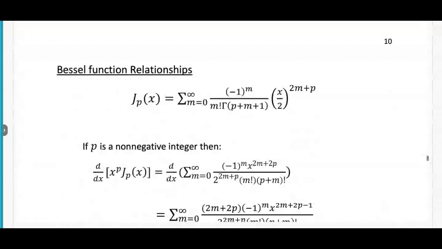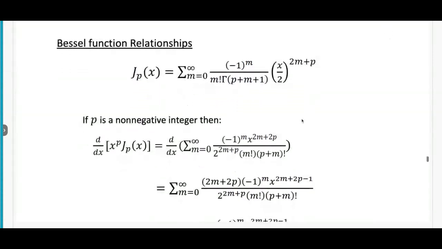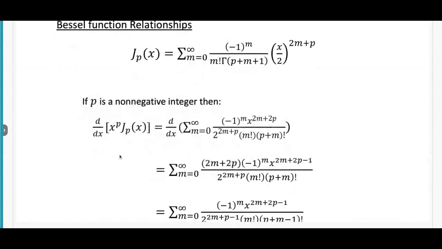Okay, Bessel function relationships. So we have this fourth type of order p. If p is a non-negative integer, then we can take a derivative on both sides.